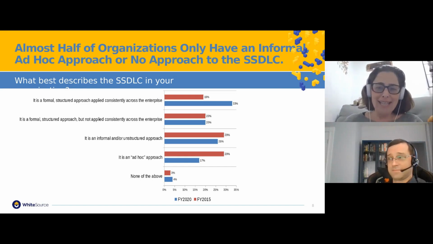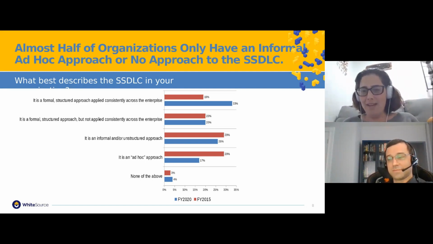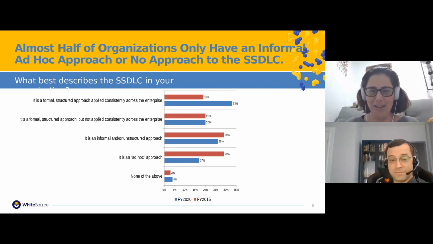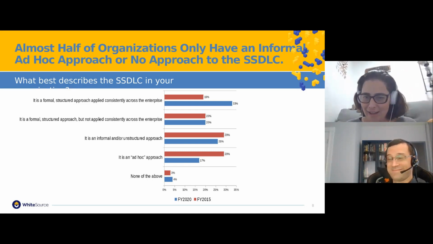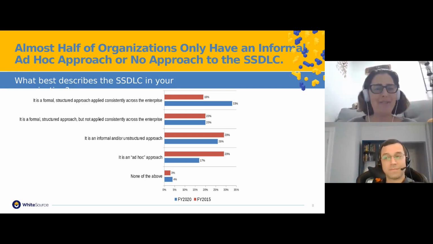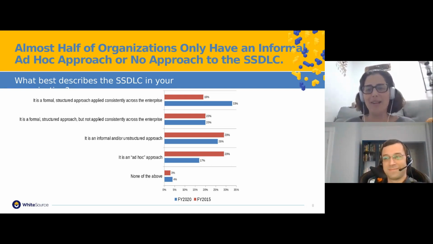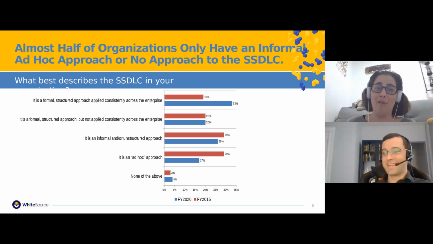What we see is that, again, comparing to 2015, the level of formality has increased pretty dramatically. From 19 to 33 percent actually have a formal and structured approach. However, Jeff, I could still say that it's only about 50% that have some formality to it, while the other half has something that is very unstructured, ad hoc, or not existent at all.